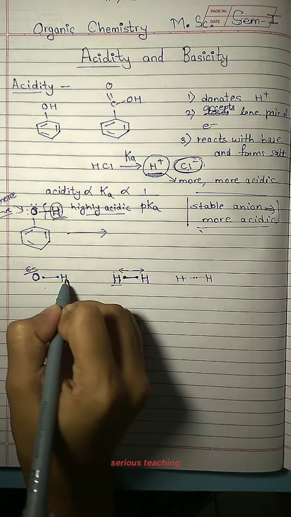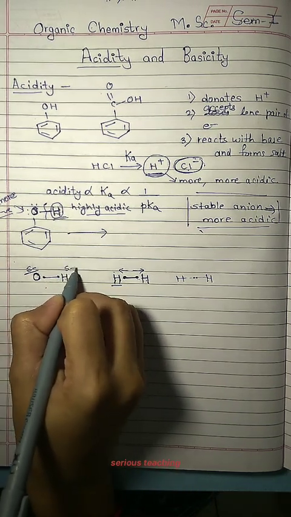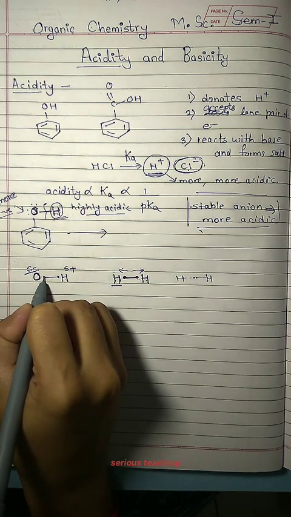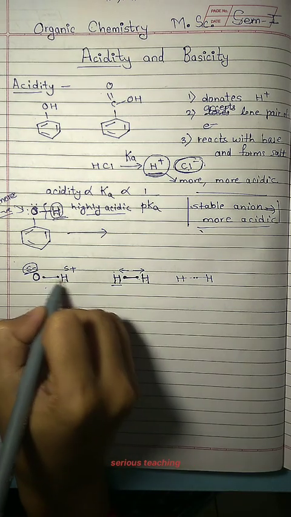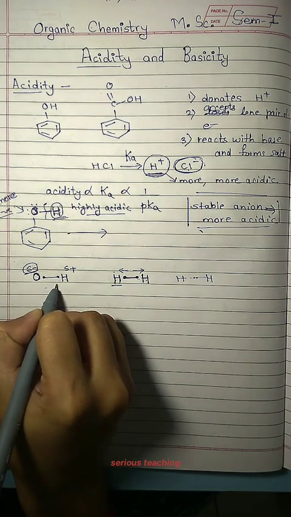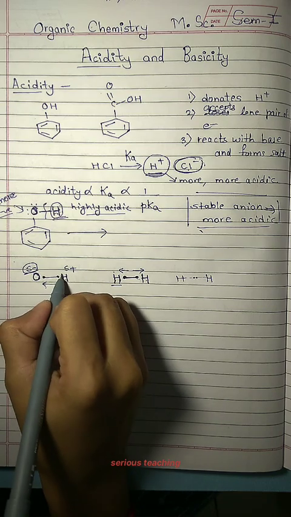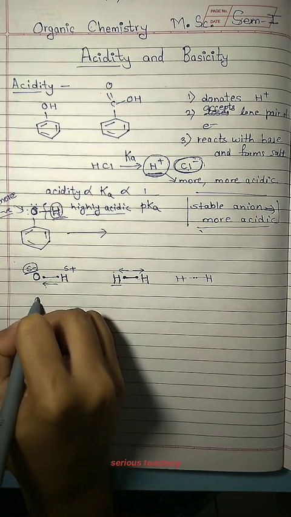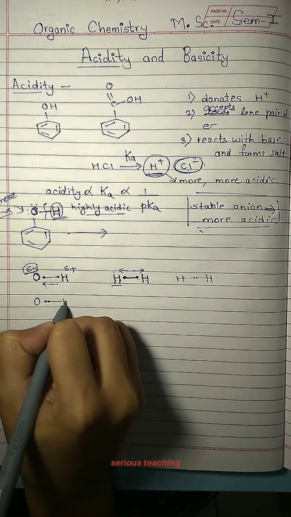Similarly, as compared to oxygen, this hydrogen is less electronegative, so it will have a partial positive charge. You know that electronegativity is the tendency to pull electrons. Therefore, both electrons will be pulled by oxygen with more strength than by hydrogen, so this bond will be slightly like this.